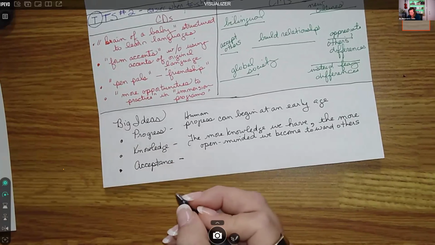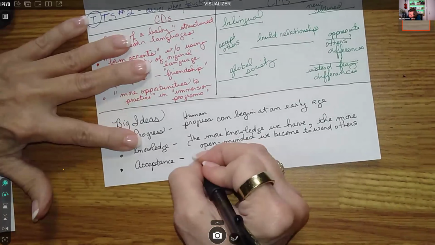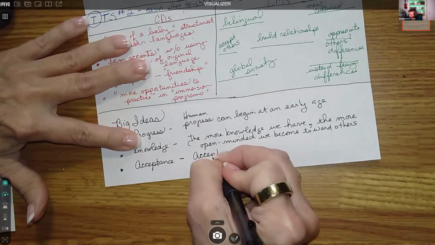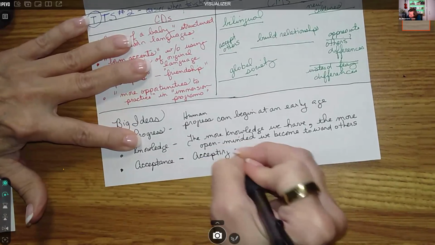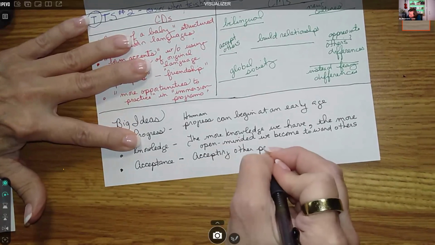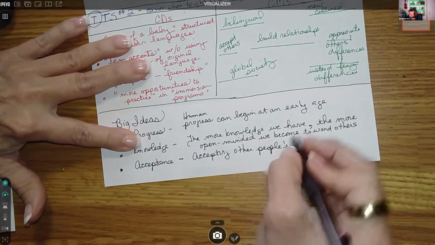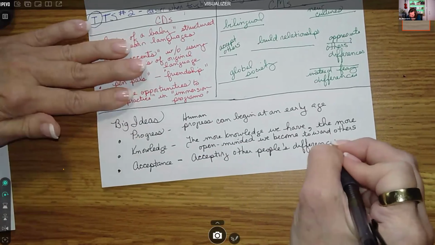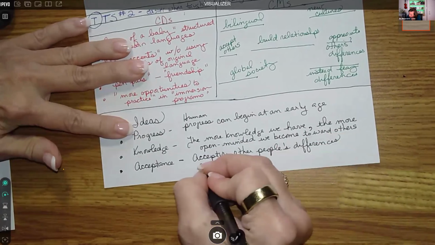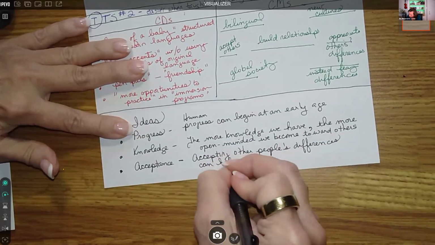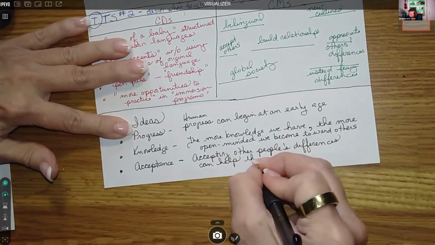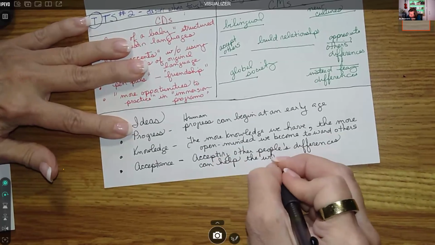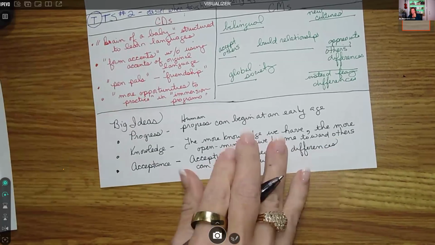That accepting other people's differences can help society or can help the world. Right?